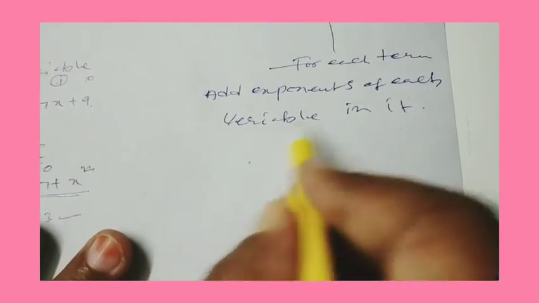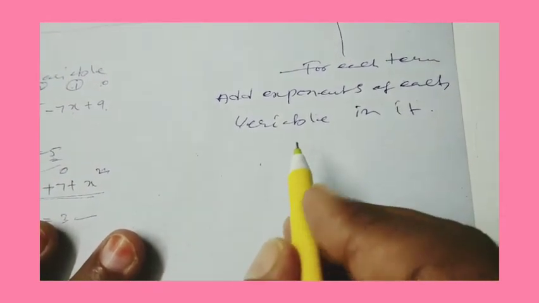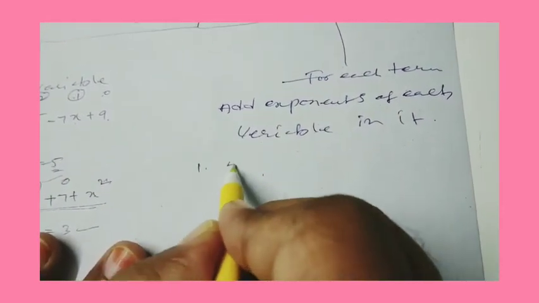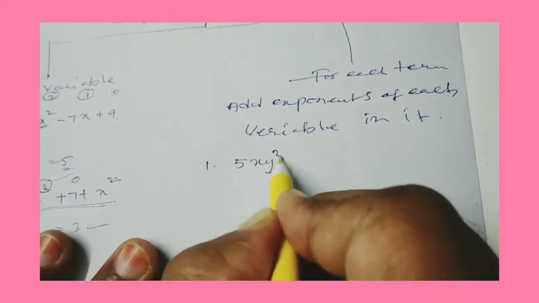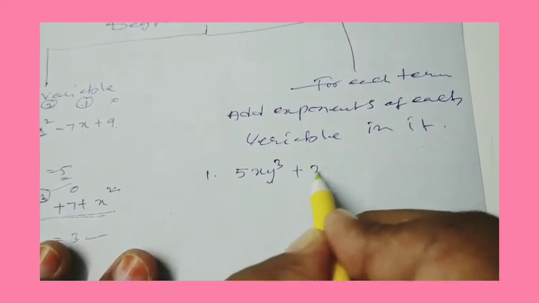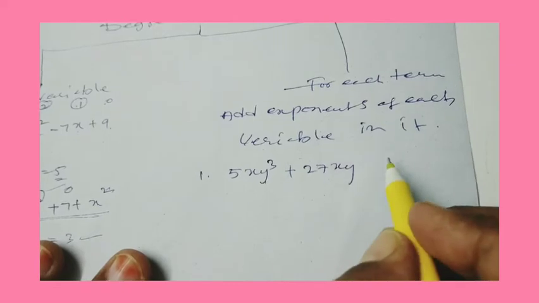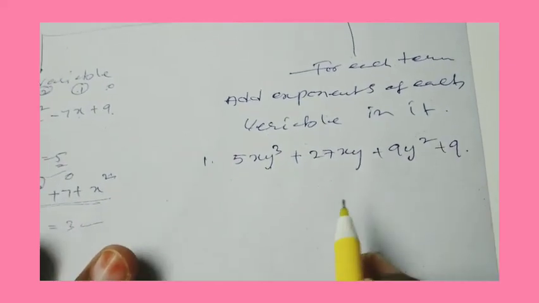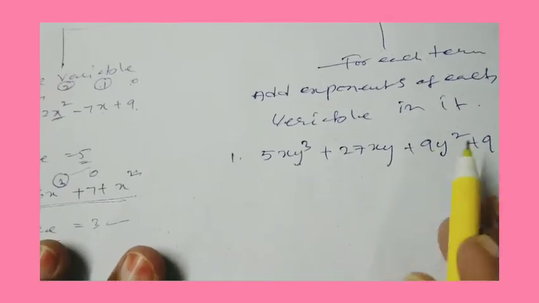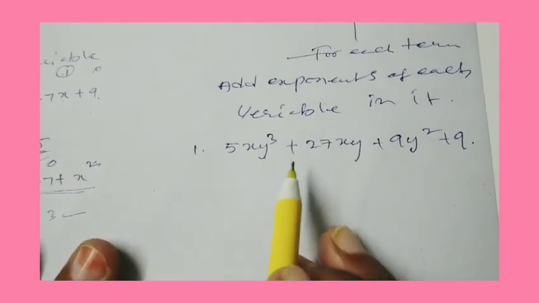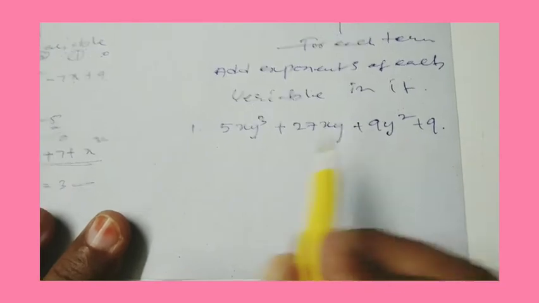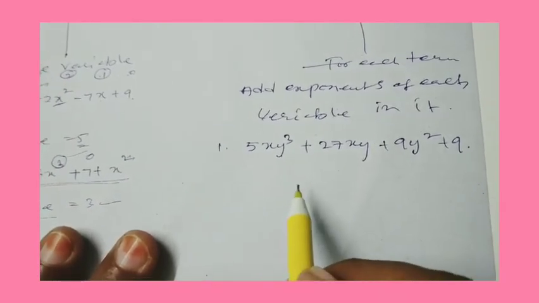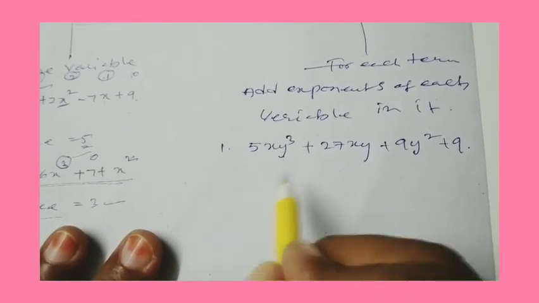Now in this section we are going to take one example: 5xy cube plus 27xy plus 9y square plus 9. So this is the one expression. Now we are going to write its degree. How to write this degree, do you know?